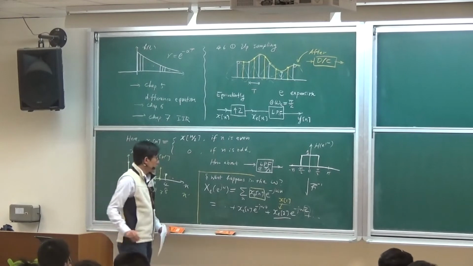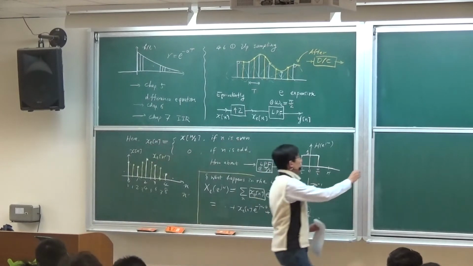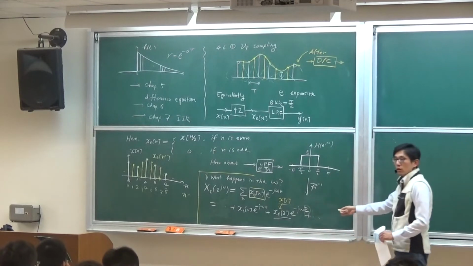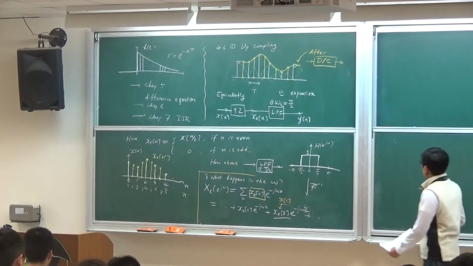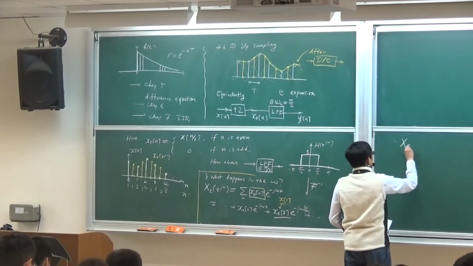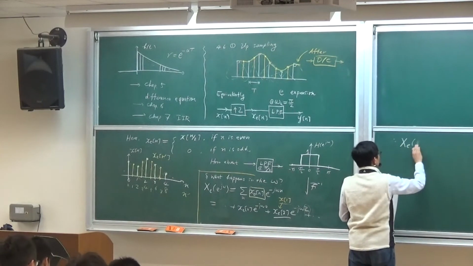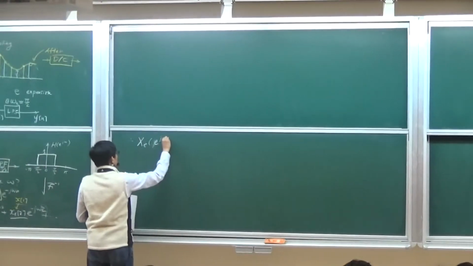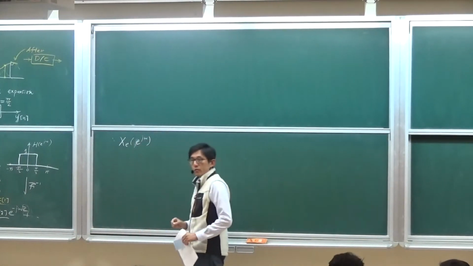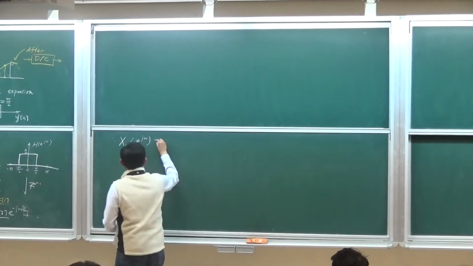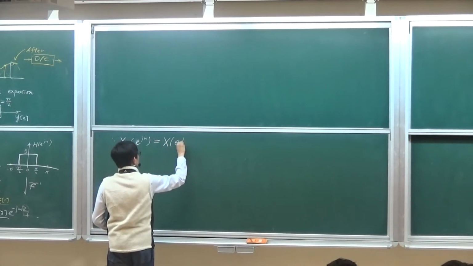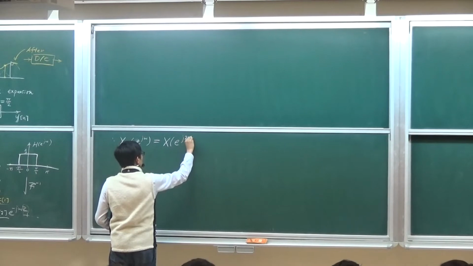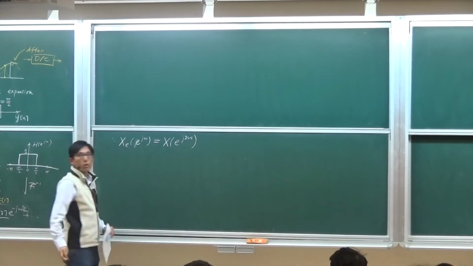So I'm trying to convince you that, by observation or by a change of variable, we can see that the spectrum after expansion in time domain will be exactly equal to the original spectrum, but evaluated at e to the j 2 omega.